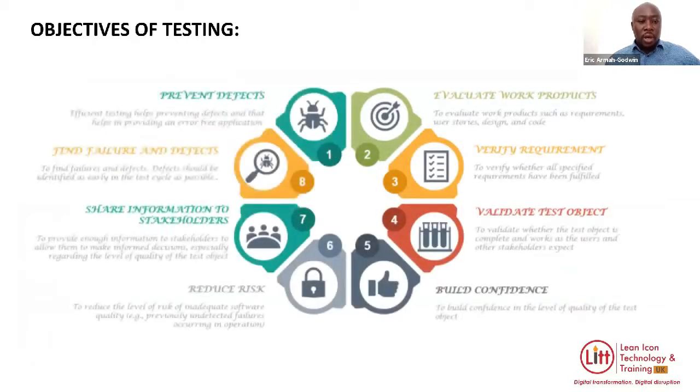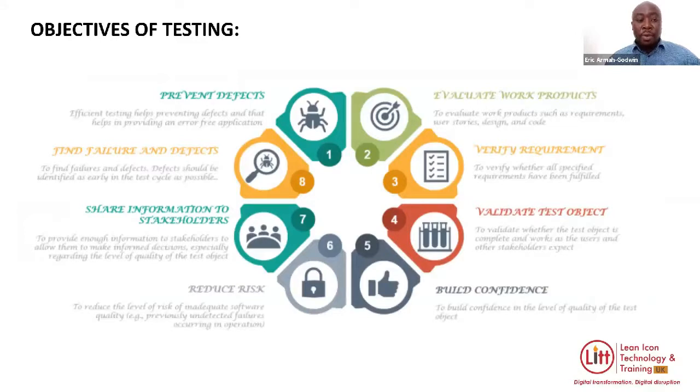Objectives, just to help us clarify, I'm not going to spend too much time on this. In case someone's wondering, what are test objectives? Quickly, I'm just going to run over this. You can see the first one here: one of the objectives of testing is to prevent defects. We did this at the early stages anyway, but just a recap.